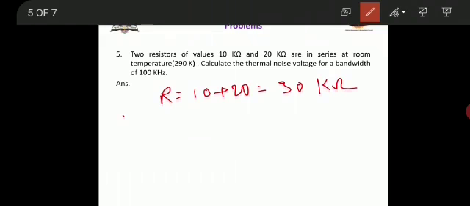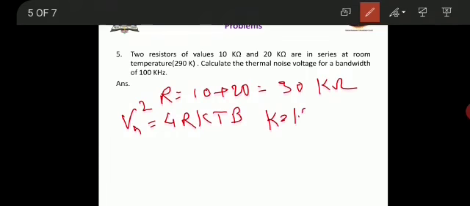The formula to calculate the thermal noise voltage is Vn square equal to 4 R K T B. Here R will be 30 kilo ohm, and K is the Boltzmann constant, whose value is 1.38 into 10 to the power minus 23 joule per Kelvin.